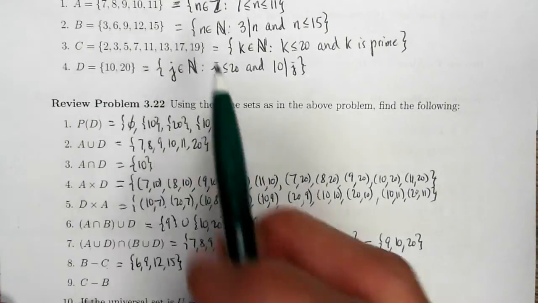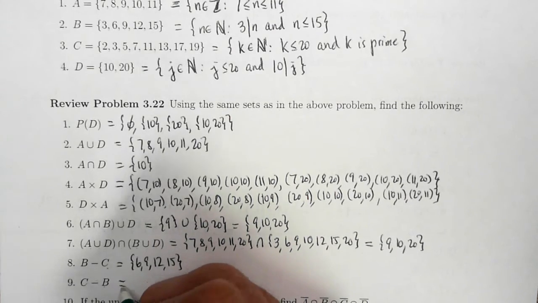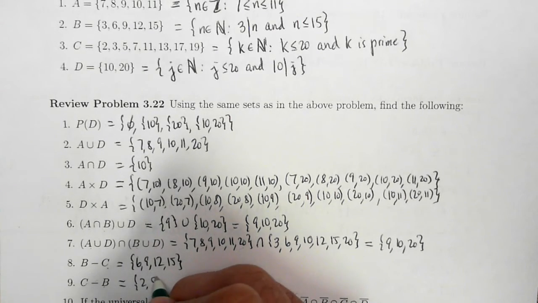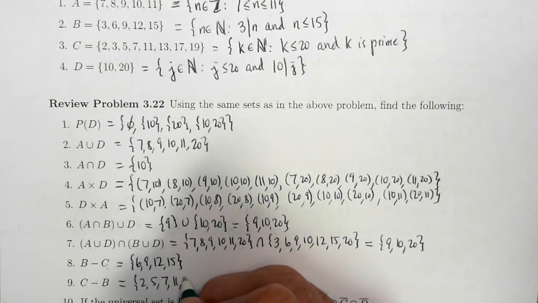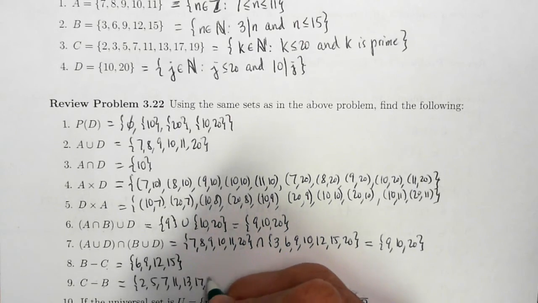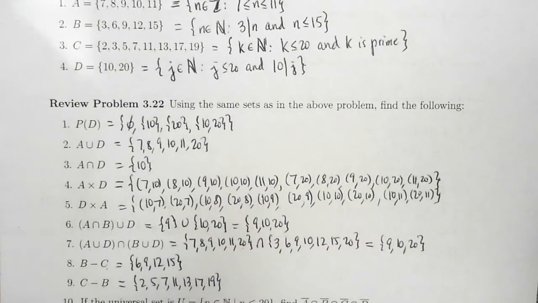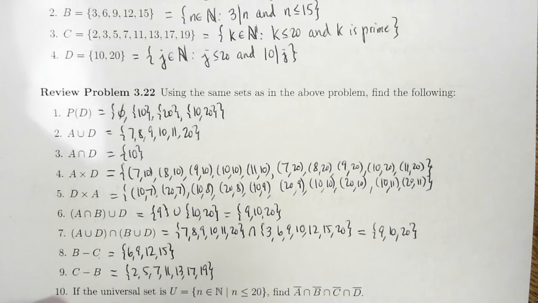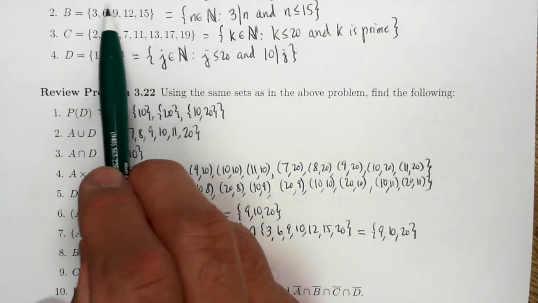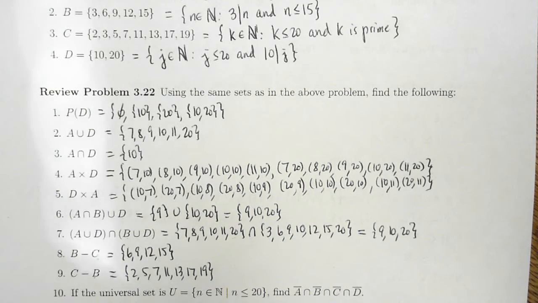Well, 3, and that's it. So C minus B would be equal to 2, 5, 7, 11, 13, 17, 19, and that's it. This is the list of things that are in C but not in B.